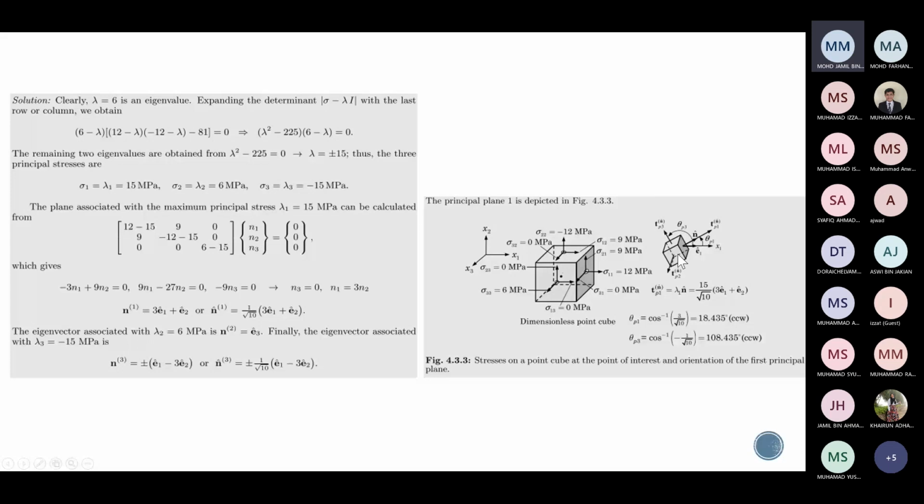At this angle, the cube only shows the principal stresses. The principal stresses represent the normal stresses at the point where there is no shear stress. So it is a matter of at which angle you look at the point in the material to produce the principal stresses.